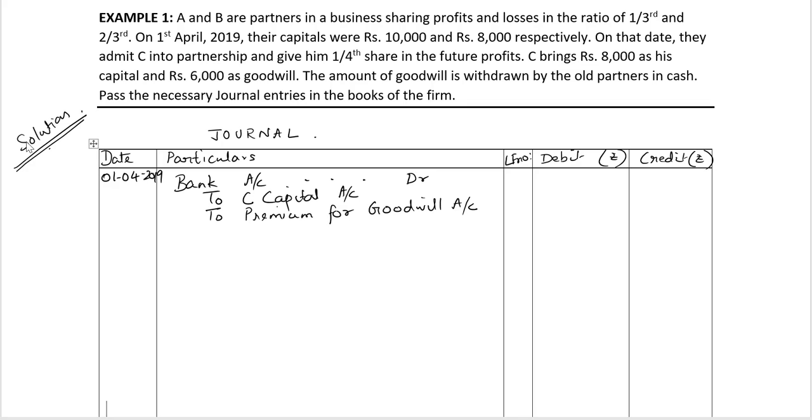The total cash received by the firm is 8,000 plus 6,000, 14,000 rupees, 8,000 rupees in the form of capital and 6,000 rupees in the form of premium for goodwill, being capital and premium for goodwill brought in by partner C.